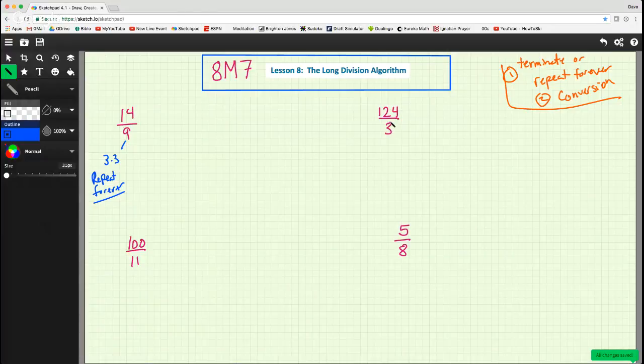This one is a 3, which is its own prime factorization, so this will repeat forever. 11 has prime factorization 11, so this will repeat forever. And 8 is 2 times 2 times 2, so it only has 2's, so this will terminate.